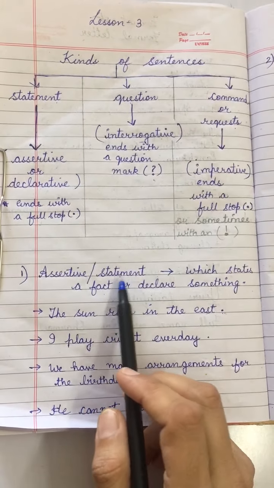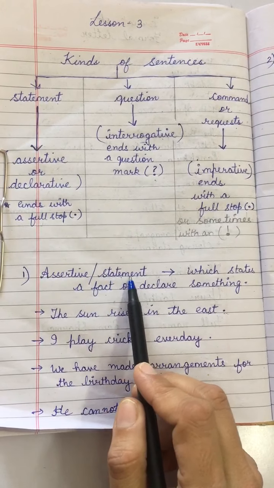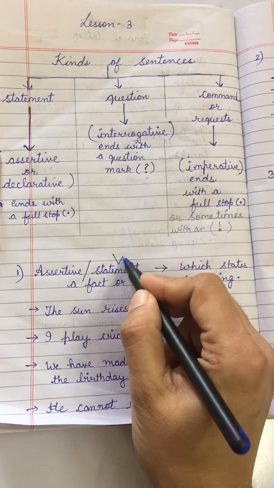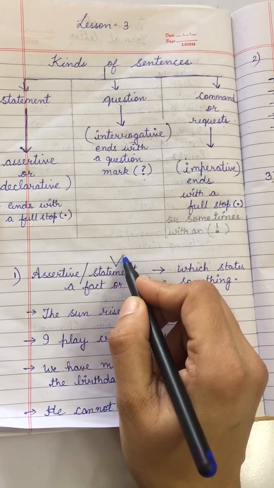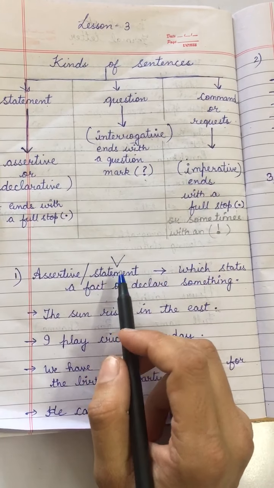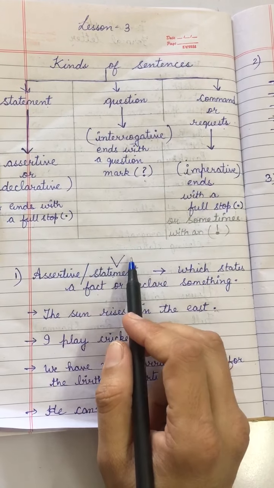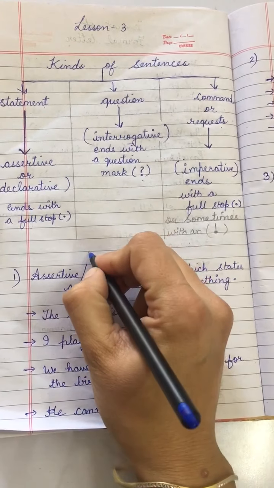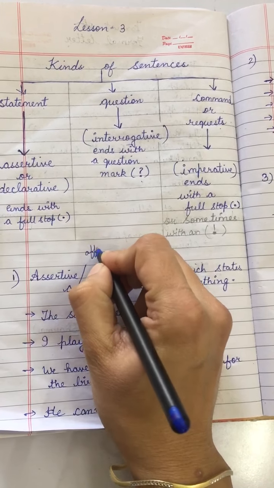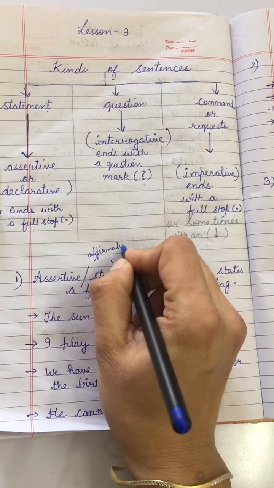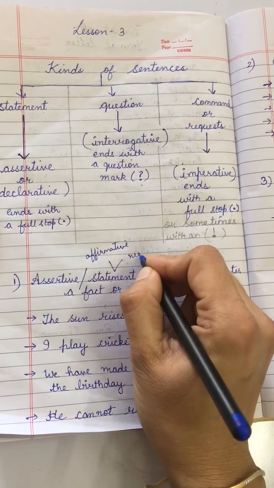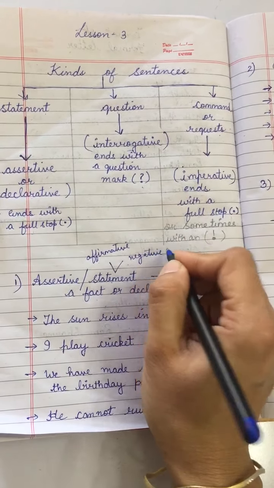Going forward, we'll be understanding that these statement sentences are further divided into 2. One is affirmative, that is positive, and one is negative.